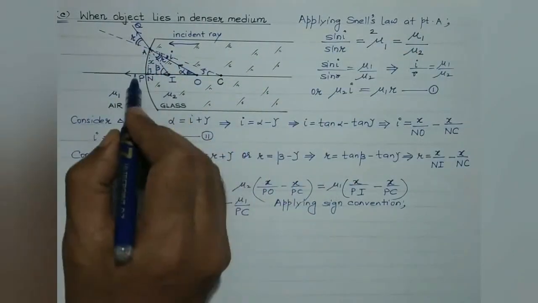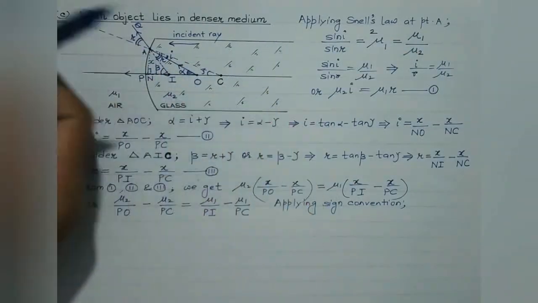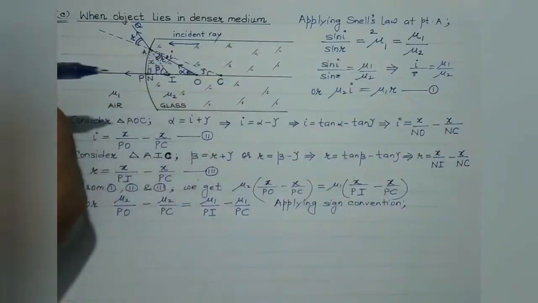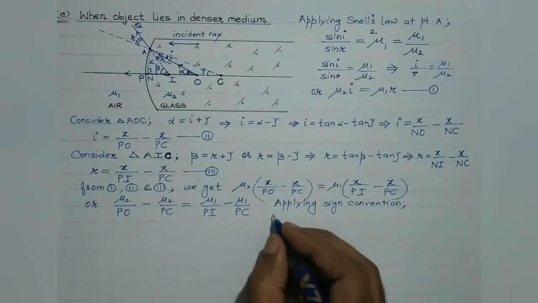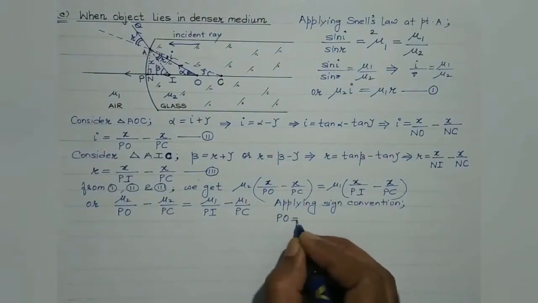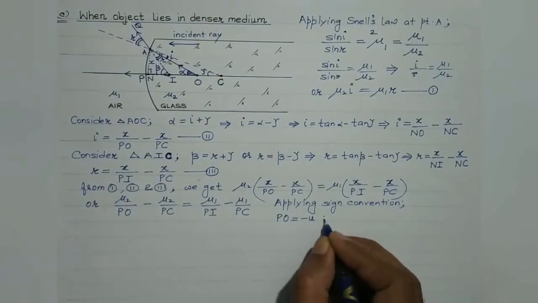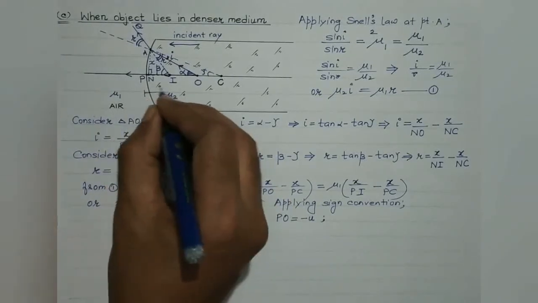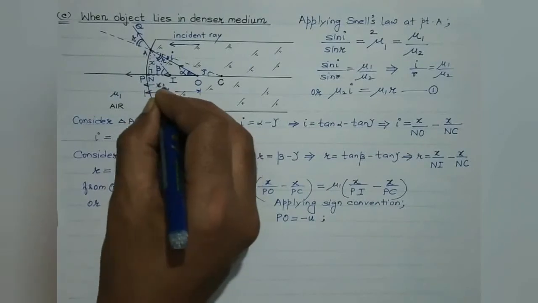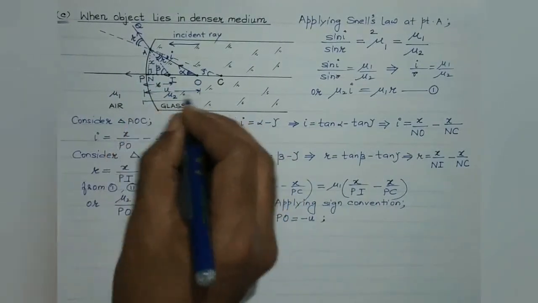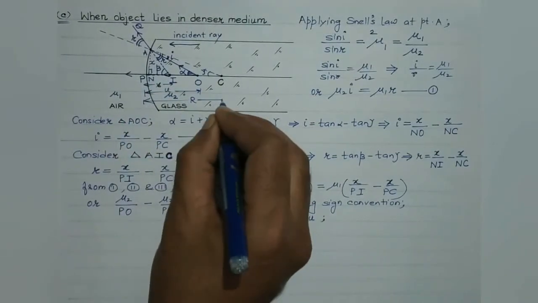So here PI, PO, PC all are measured in the direction against the direction of the incident ray. So all are negative. So PO will be equal to minus u, right? It's the object distance. This is PO. PI, it's the image distance, and PC, it is the radius of curvature.